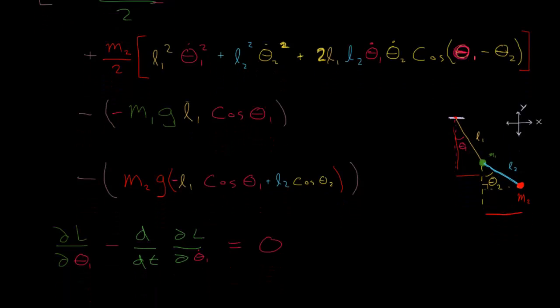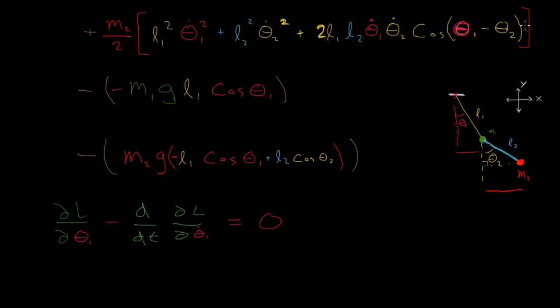It's a partial derivative. The first one we'll do is this one, so we won't pay attention to these, and we'll just use this. All the constants go out front. Theta 1 dot is a constant when we're taking the partial derivative with respect to just theta 1. So we'll take all these constants out front. These 2's will cancel each other out.